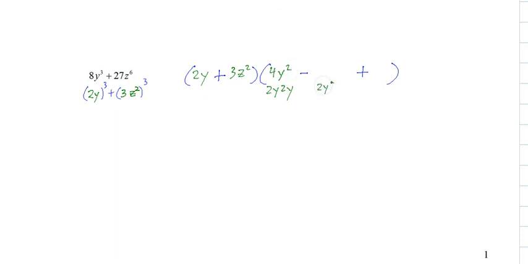And then 2y, 3z squared. So 2 times 3 is 6, y, z squared. And then it's 3z squared, 3z squared. So that's 9. And then 2 plus 2 is 4. And there's the factored form. And that's difference of cubes and sum of cubes.